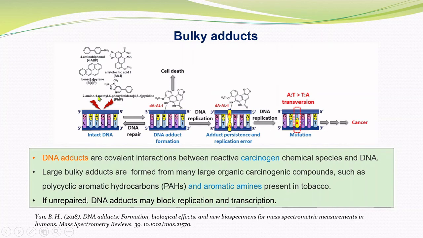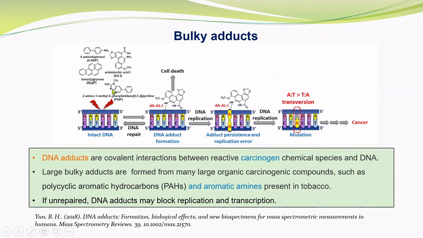And these molecules are present in tobacco smoke, or they also occur in cisplatin, a medicine used in chemotherapy of cancers. These molecules become covalently bonded to the DNA molecule and form the bulky adducts.